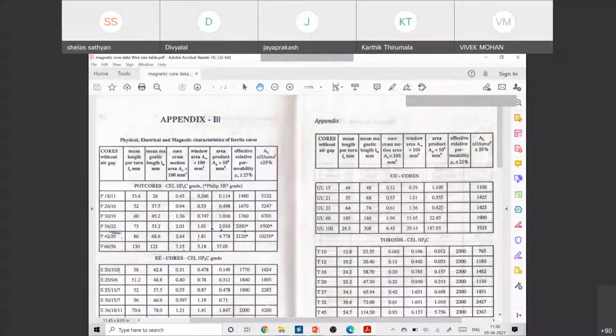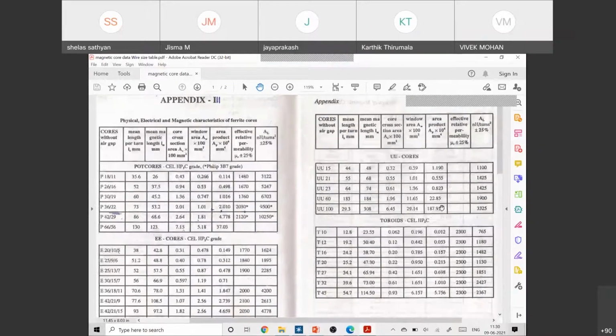If you see a magnetic core table, you can see a lot of cores. Core numbers are given. Part numbers are given.